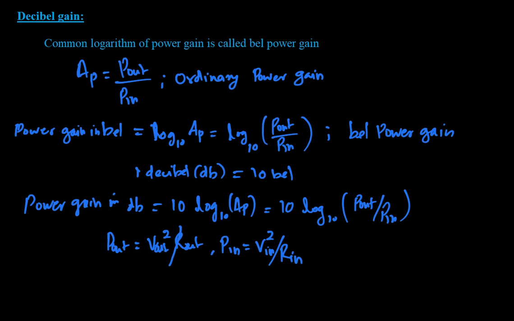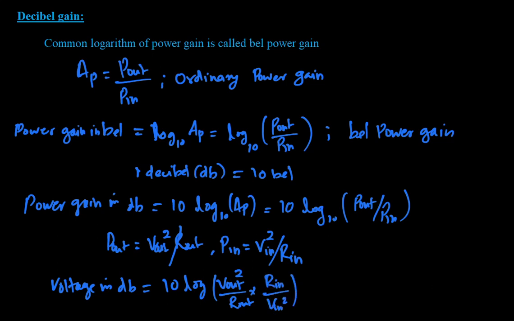So that is called the voltage gain in decibel, which is equal to 10 log, instead of P out we will substitute V out square divided by R out, divided by P in, that is V in square by R in, so it is R in divided by V in square.